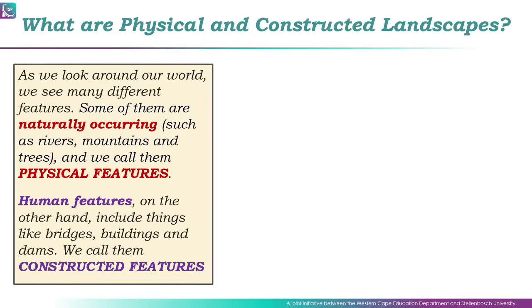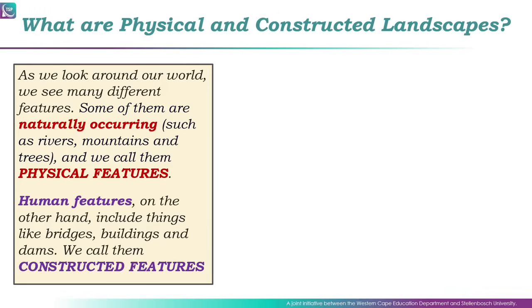Now, what do we mean by physical and constructed landscapes? As we look around our world, we see many different features. Where you are right now, if you look through the window, or you go outside and look around, you will see lots of different features. Some of these features occur naturally. These are things that are not made by human beings, such as rivers, mountains, trees, lakes, etc. We call these physical features.